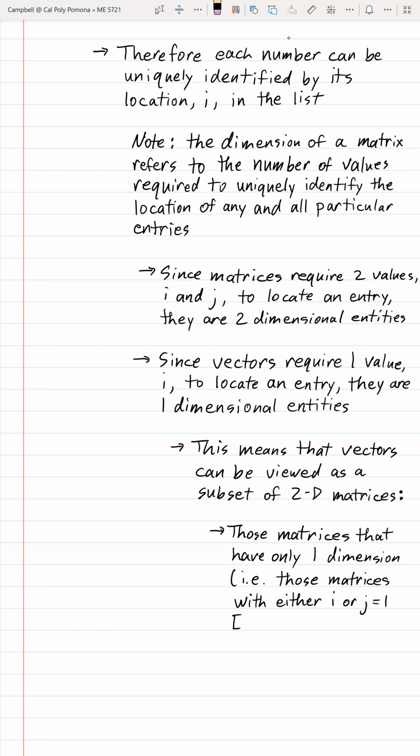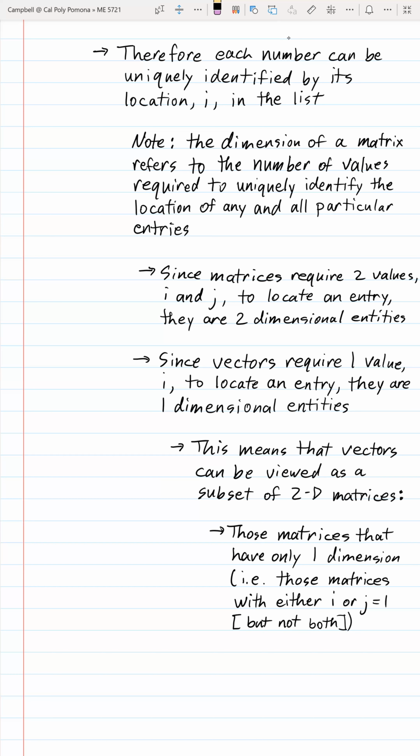The key here, though, is but not both. And here I should qualify where i or j equals 1 for all entries in the matrix.